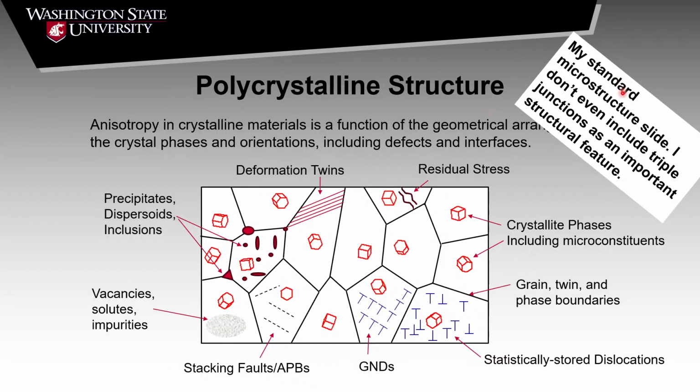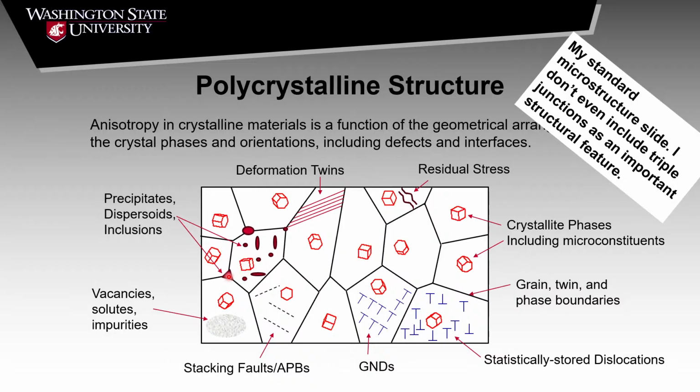But as you see from my little post-it that I put up here, I don't even talk about triple junctions. The one thing that maybe is a triple junction indication is this precipitate, where I talk about dispersoids, inclusions, precipitates. I put one right on the triple junction.